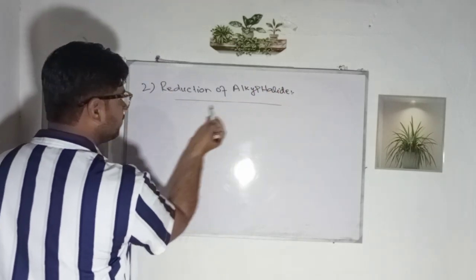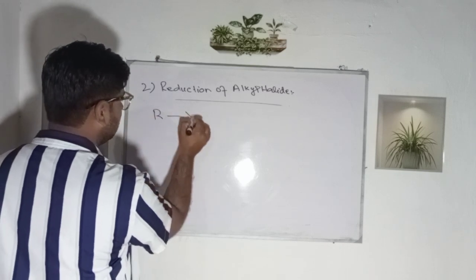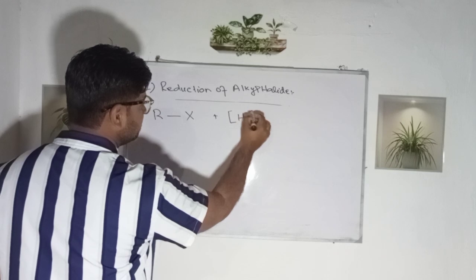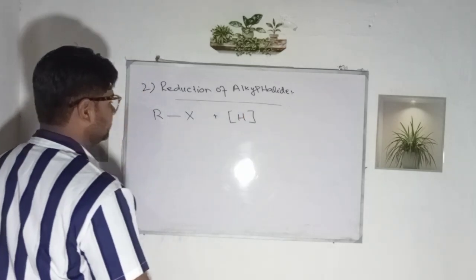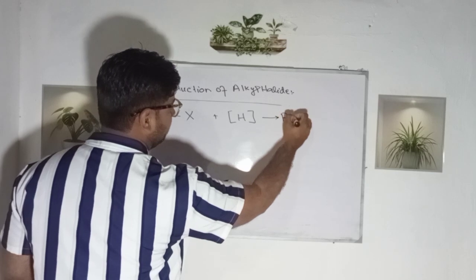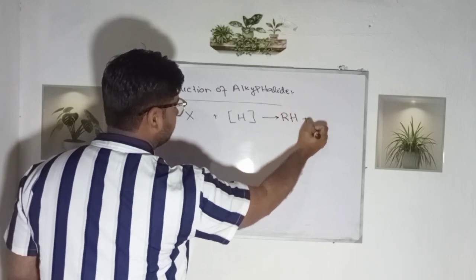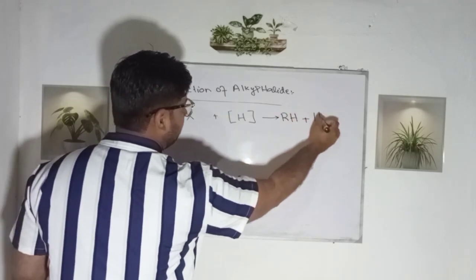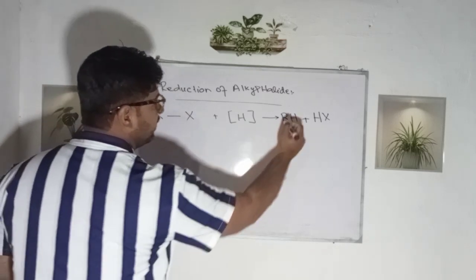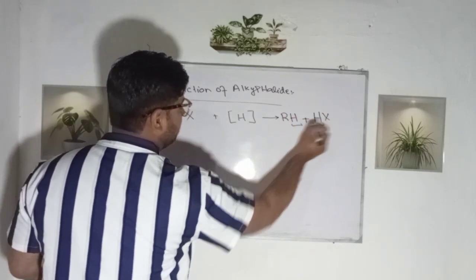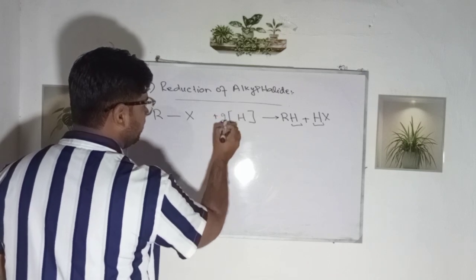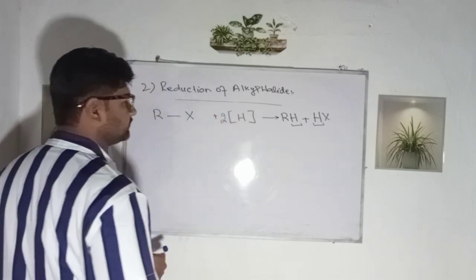So the general formula for alkyl halide is RX, and we will write nascent hydrogen as this. So it will give rise to alkanes RH plus HX. As you can see here, the two hydrogen atoms are appearing in product. So the nascent hydrogen, we would write 2 with nascent hydrogen.